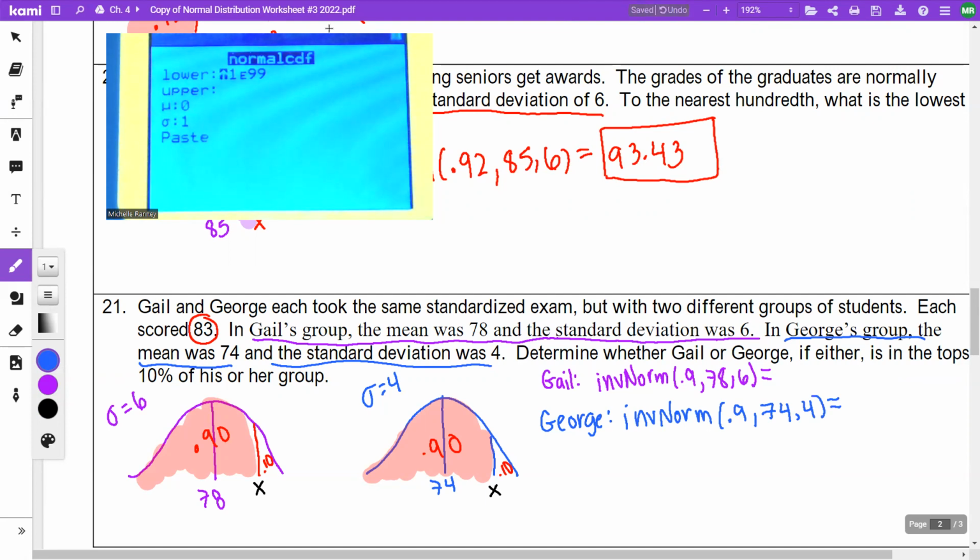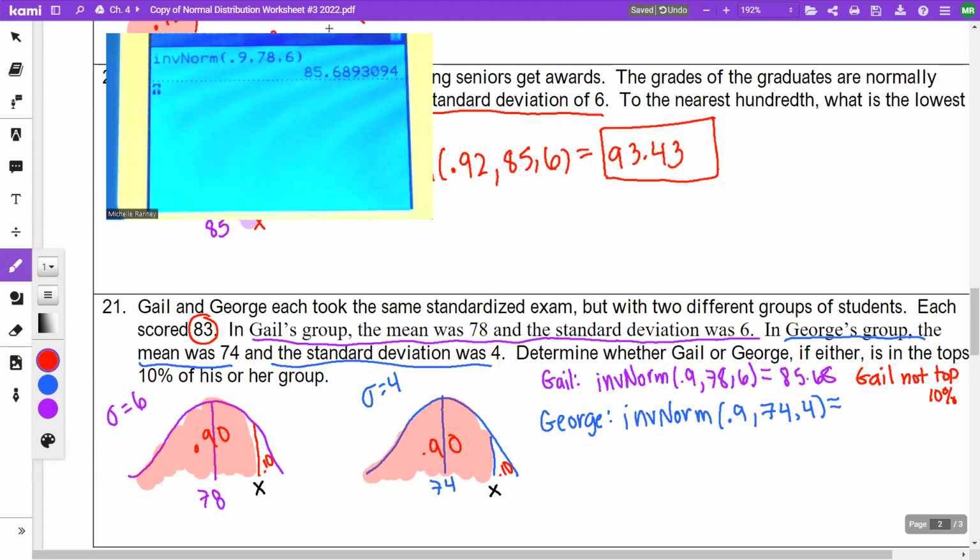Sorry, I pushed the wrong button. Okay, I want number 3. And so a 0.9, 78, and 6. So for Gail, she needed to score an 85.68 to be there. So Gail is a no. Not top 10%.